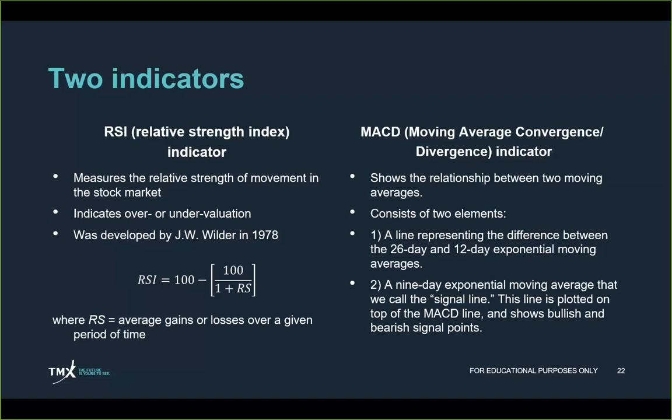Oftentimes we'll see in the movies or on TV screens with lines and graphs and indicators and oscillators. But think about it, at the end of the day, there's only so much information that can be calculated and derived from a price chart: volume, price action, and duration and time.